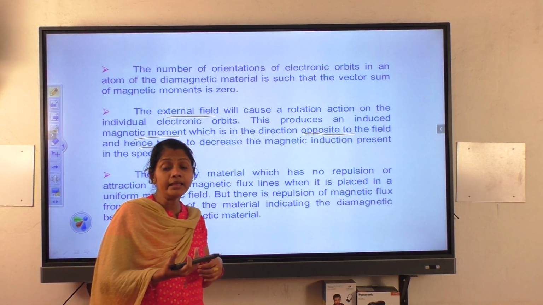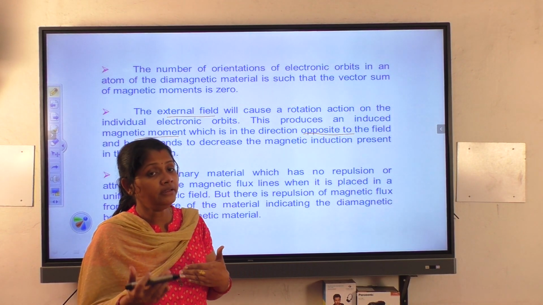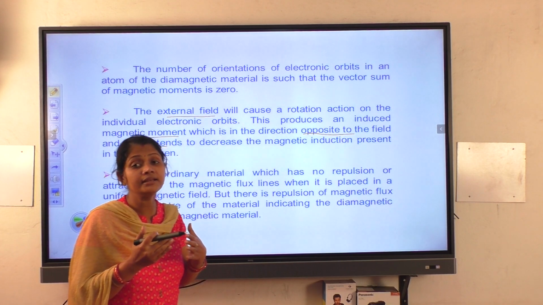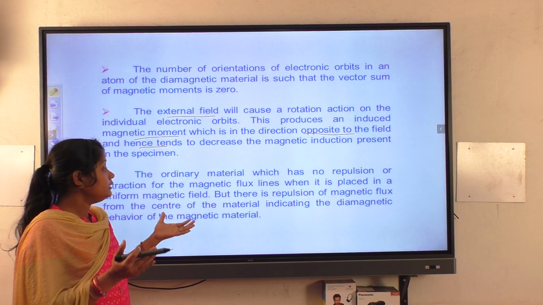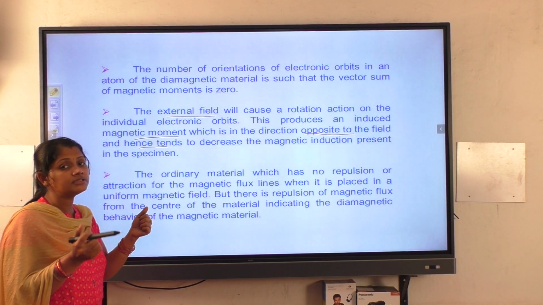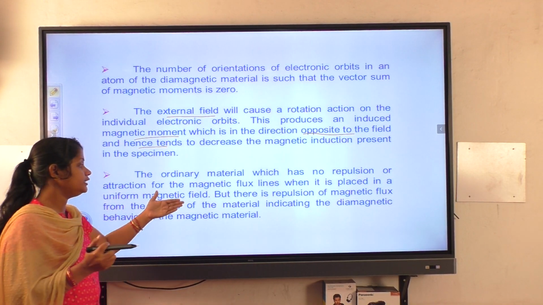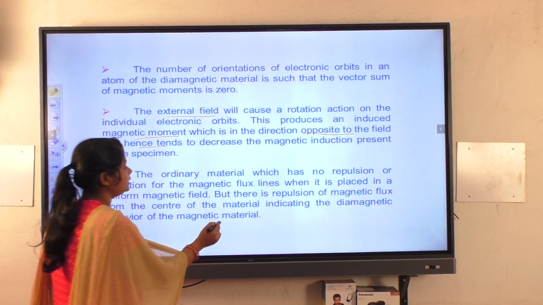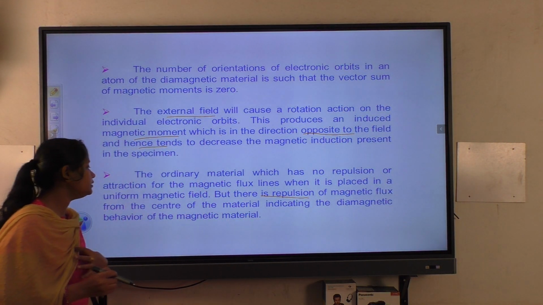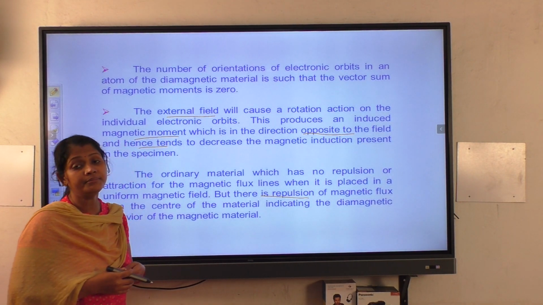If we try to magnetize a non-magnetic material, we have to place it in a magnetic field. Then a force of repulsion or attraction for the magnetic flux is induced.